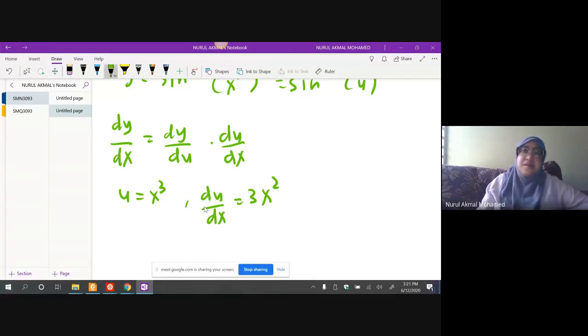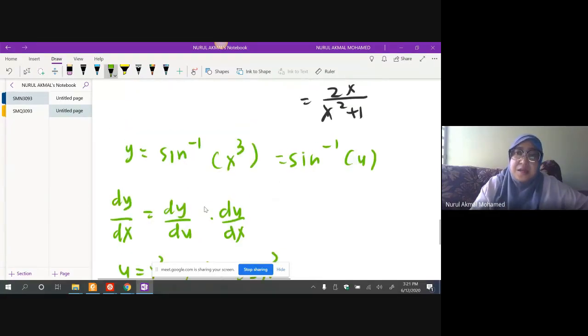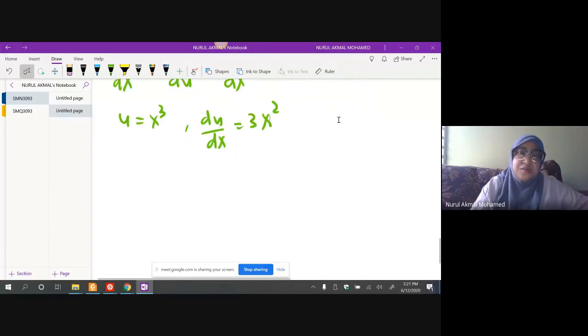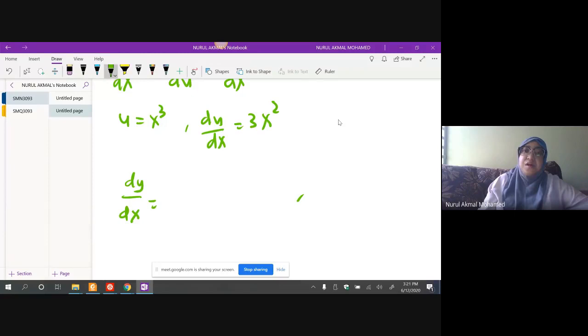And then we have y equal to arc sine of u. So what will be the dy du? We have to find dy du if y of u is equal to arc sine of u.